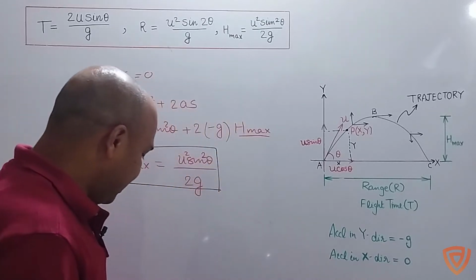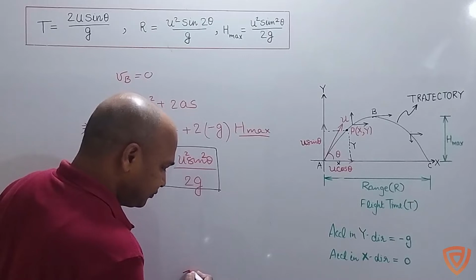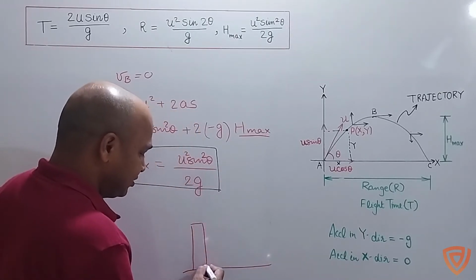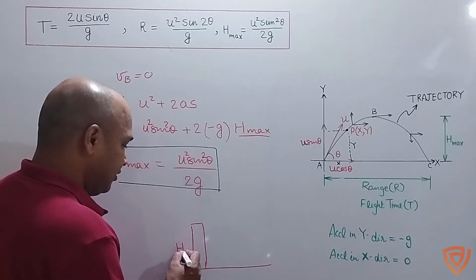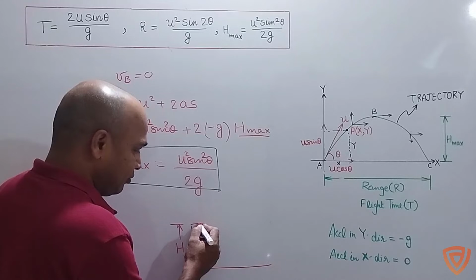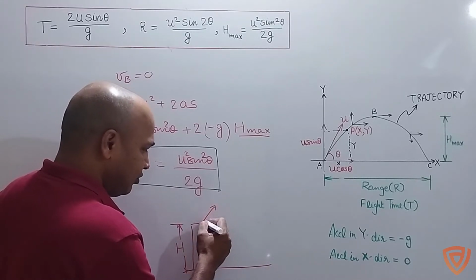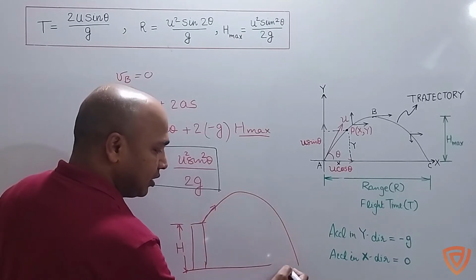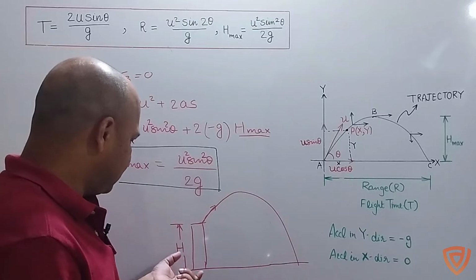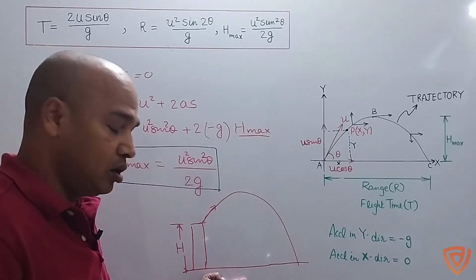There might be many cases where the question can be like this. This is your flat surface. There is a building like this which is of height h. Object is projected from the top of the building, maybe like this. Then it will go like this and come like that. Here you cannot use these formulas because this building is already raised at a height h from the ground.